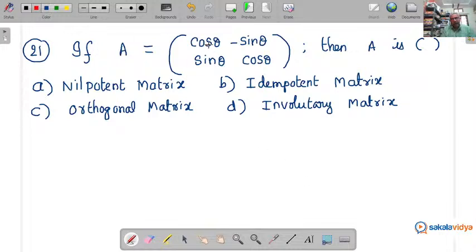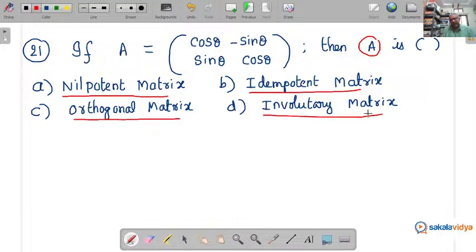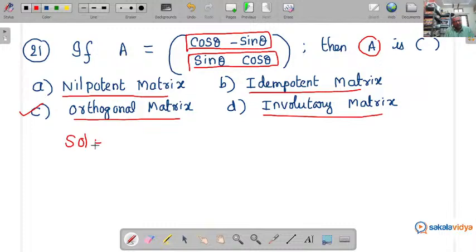Here A is equal to cos theta, minus sin theta, sin theta, cos theta. Then A is a nilpotent, idempotent, orthogonal or involutory matrix. Follow a very simple technique: consider the first row as one vector and the second row as another vector, and find the dot product. If the dot product is 0, then we can say it is orthogonal.